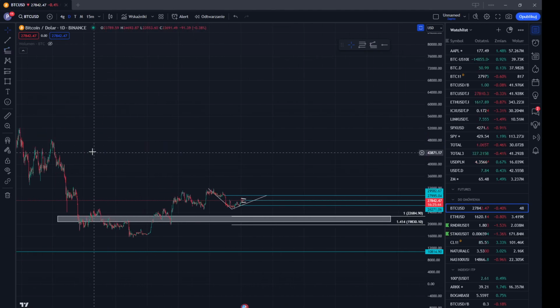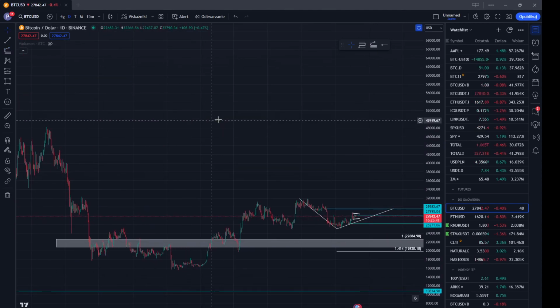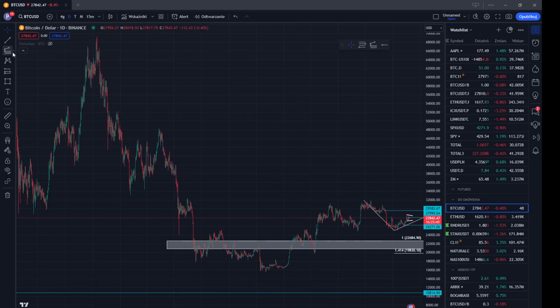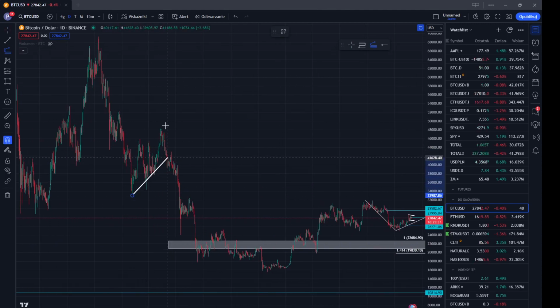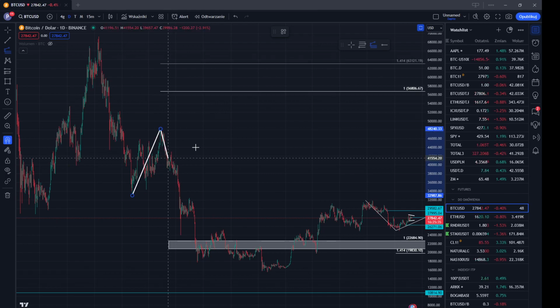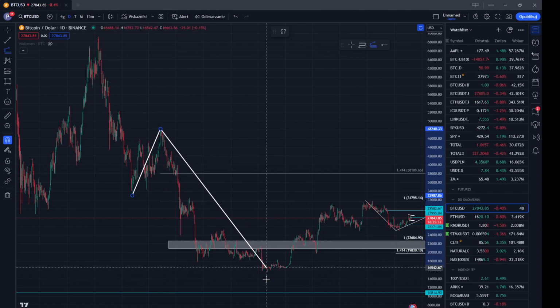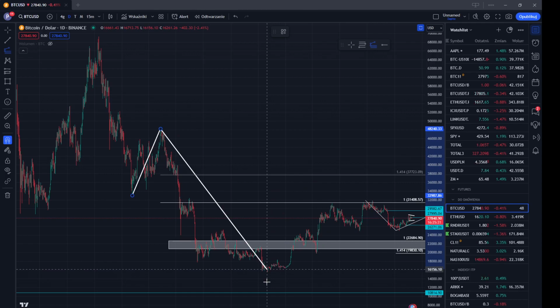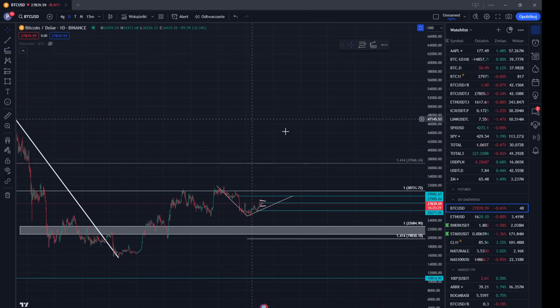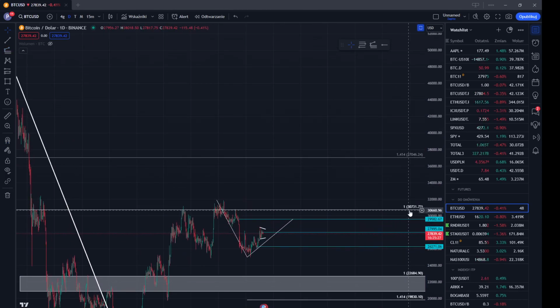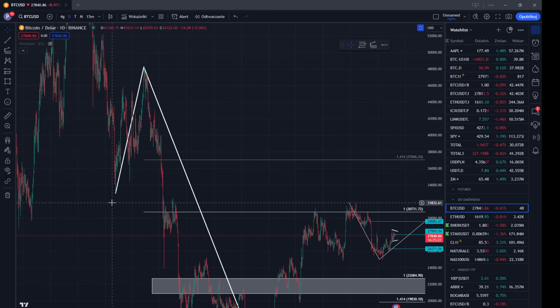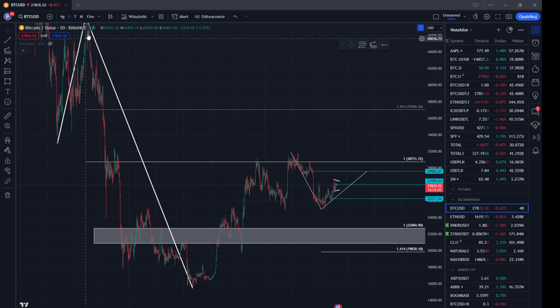Now let me grab onto it. How I calculated this: it's a repeat of this correction from 32 to 48. If you latch it onto the pivot low here, then you see 30,000, just this one extension, which means this is the length of this correction from 32 to 48, projected onto the low of here.